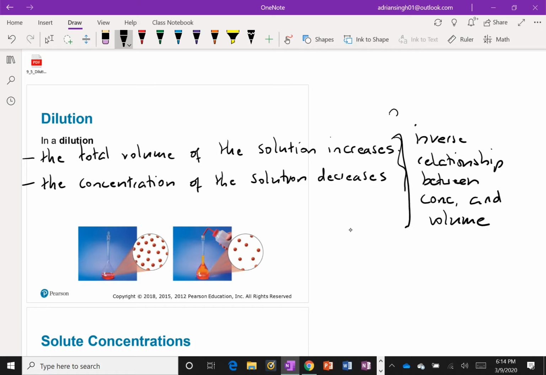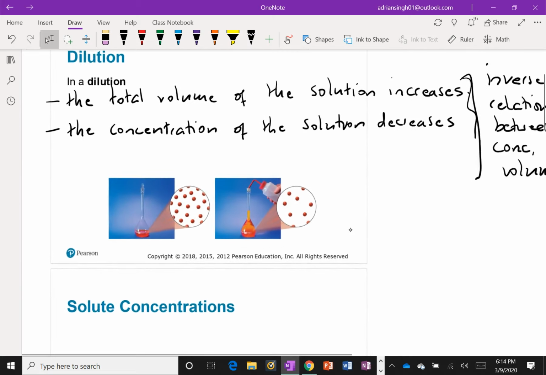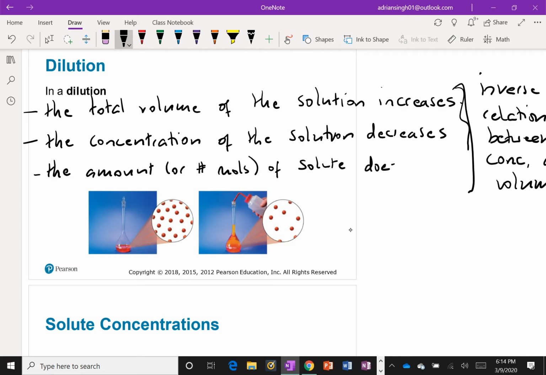We'll come back to that in a second when we start doing a couple of calculations. The third thing that happens, or actually doesn't happen, in a dilution is the amount or number of moles of the solute does not change.